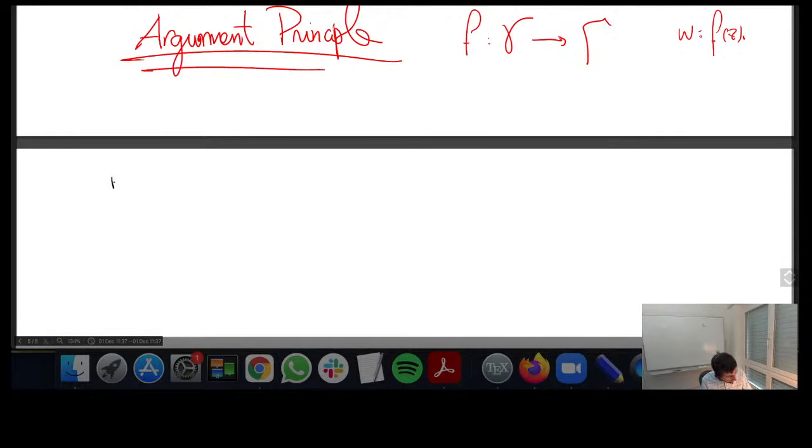Suppose I have a function g analytic in this domain.